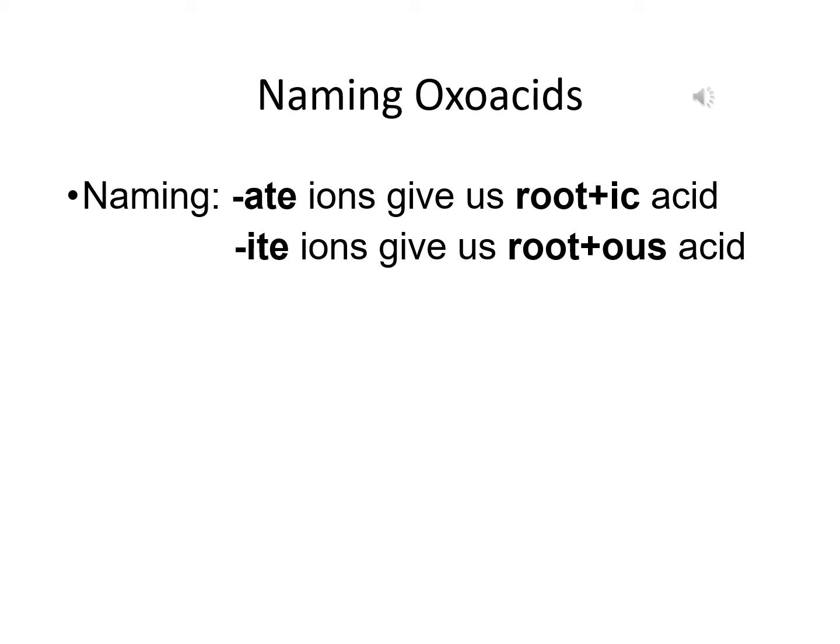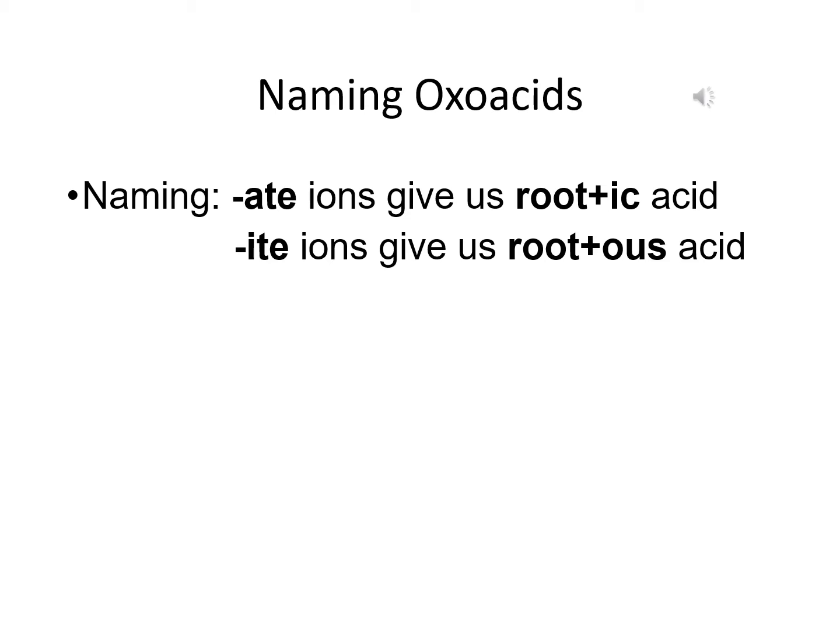So you can see here where we have given an example with chlorate ion. And so chlorate ion has a -1 charge, so we would add 1 hydrogen to the beginning of that formula to get HClO3. And because it's an ate ion, we then change the ending to ic and add the word acid.